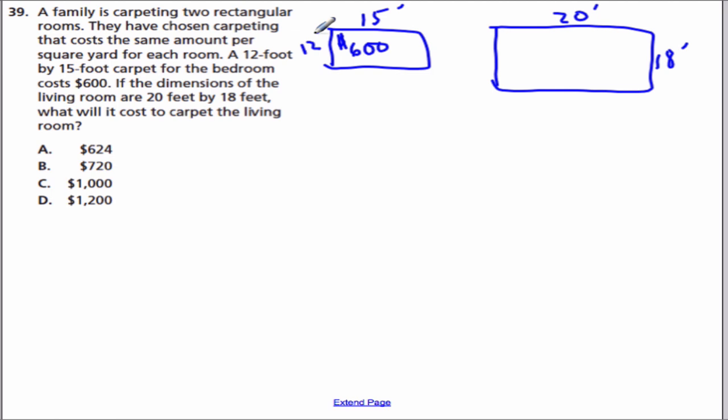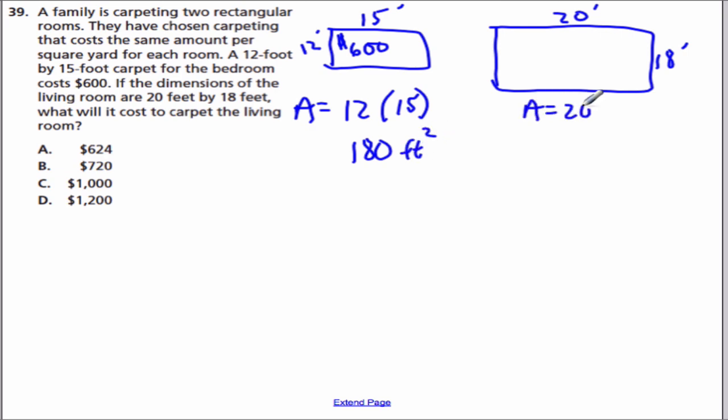So what we need to do is find the area. The area of the first one is 12 times 15, or a total of 180 square feet. The area of the second one is going to be 20 times 18, which is 360 square feet.